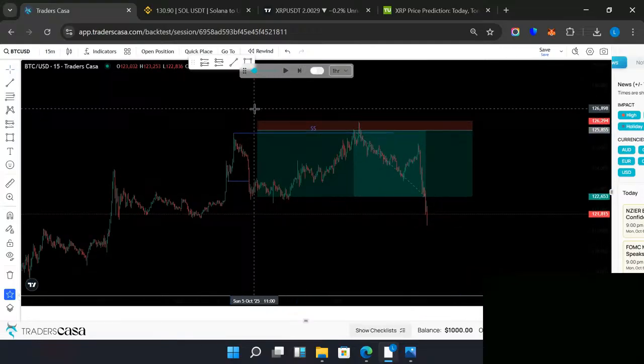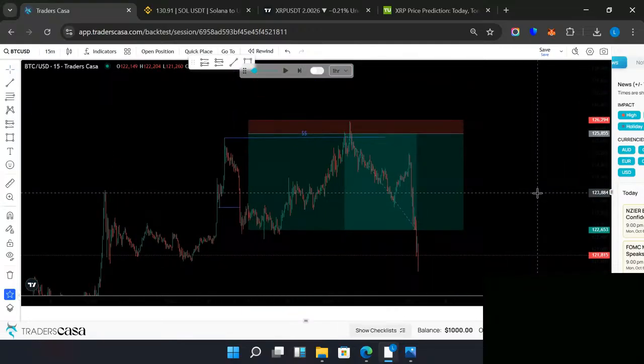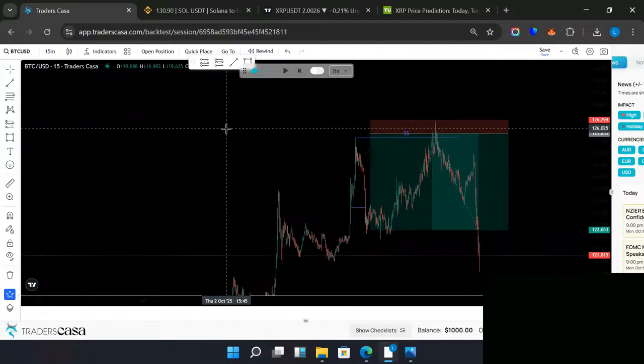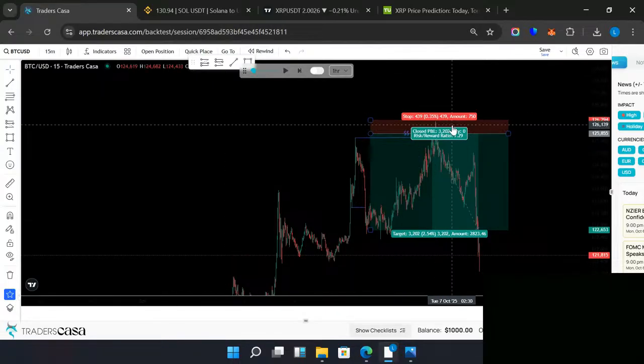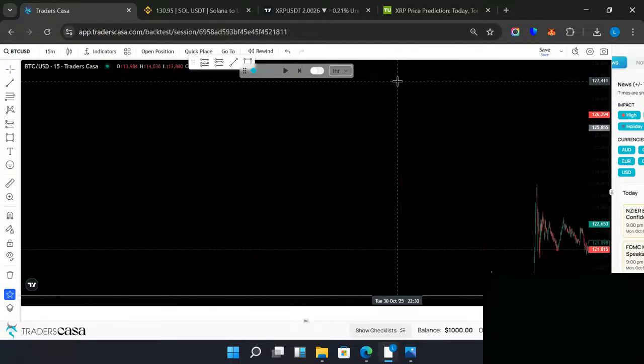Yeah, 35 also if I put that, it has not taken out my SL. And another reason is why it has to reverse every time. Why after here? I'll show you why. You just look over here.